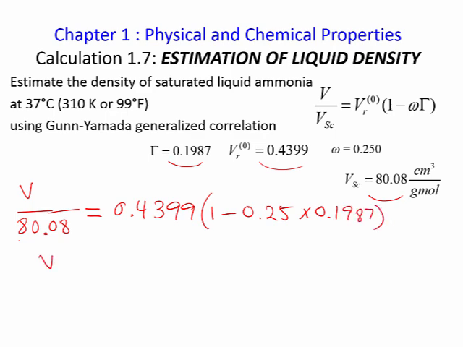We will get a value for V as 33.48 cm³/gmol.